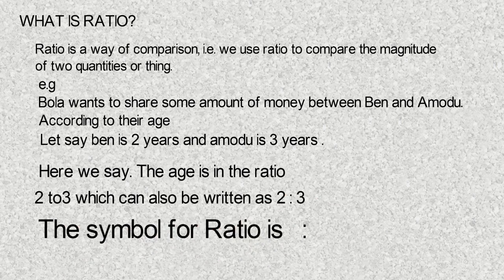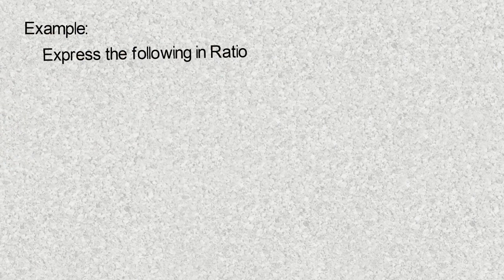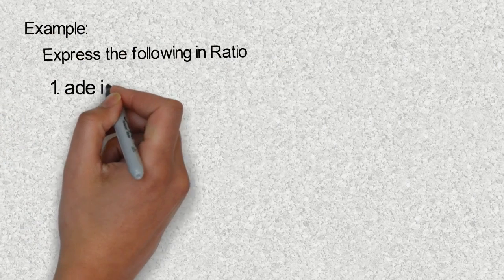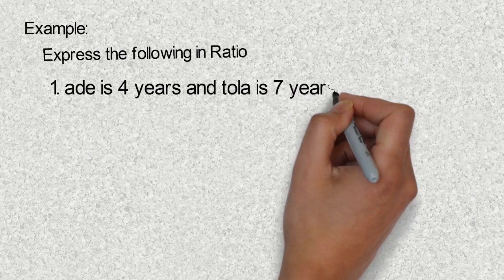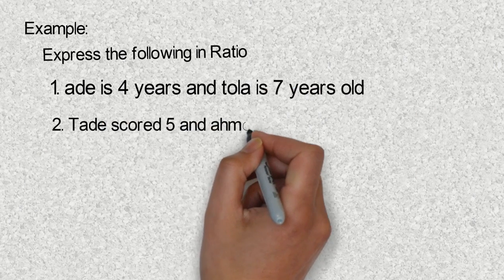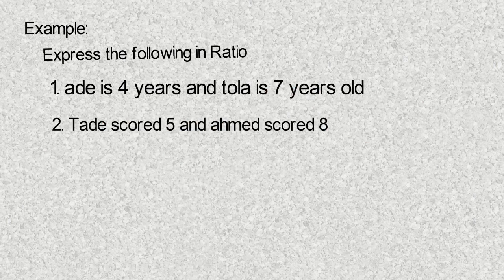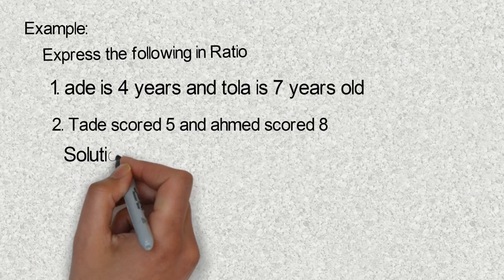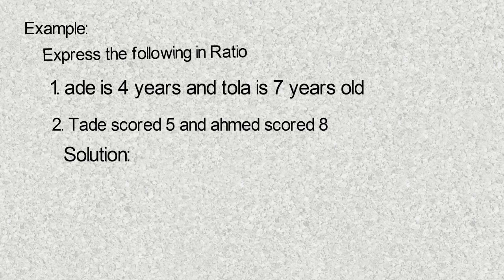Okay, so let's look at an example. Example says, express the following in ratio. 1. Ade is 4 years and Tola is 7 years old. 2. Tade scored 5 and Ahmed scored 8. So how do we represent these 2 examples in ratio? Solution.